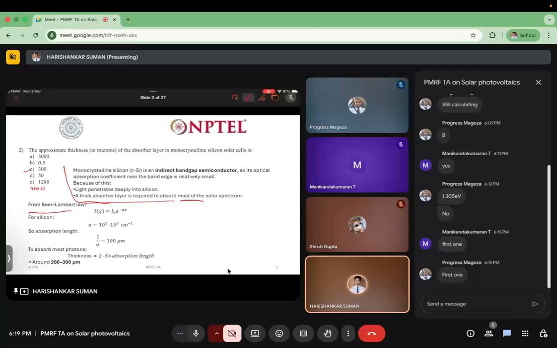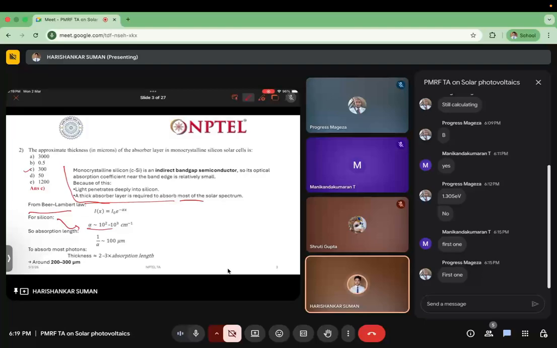As we know, the Beer-Lambert law: I equals I naught, which is a function of x, e to the power minus alpha x. Here x is the thickness, the light penetration depth into the material. Silicon has an absorption coefficient of 10 to the power 2 or 3 per centimeter.